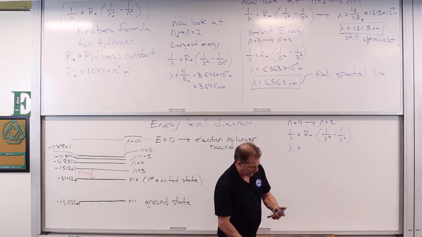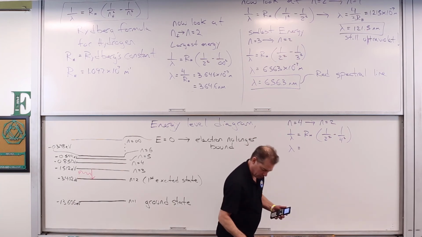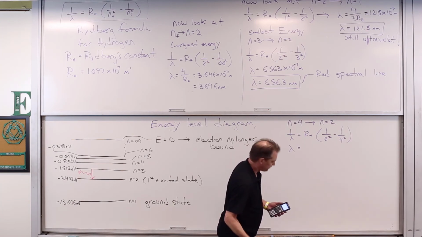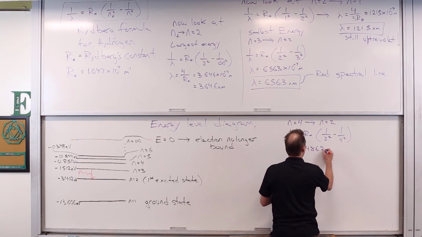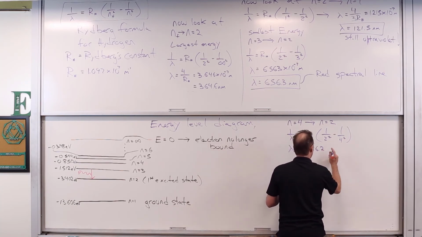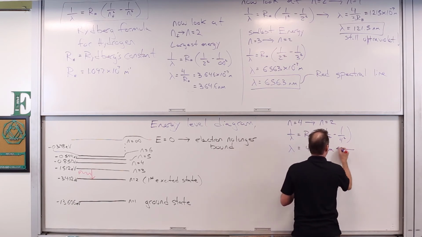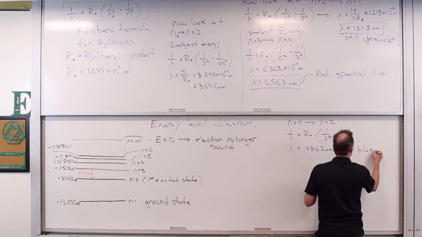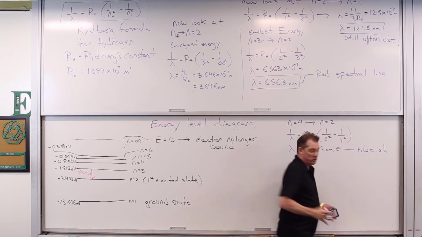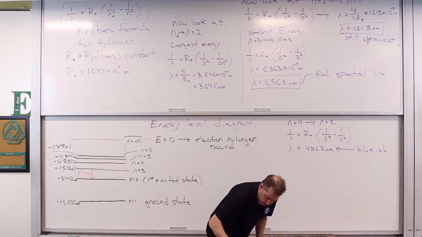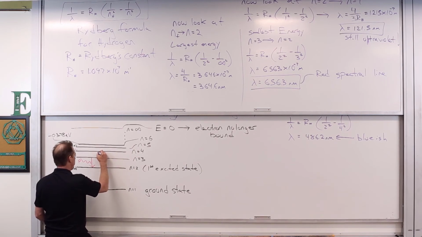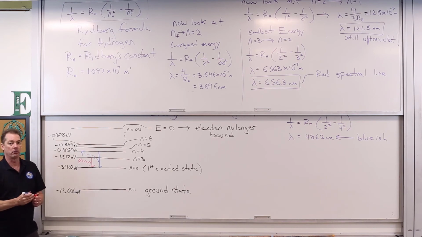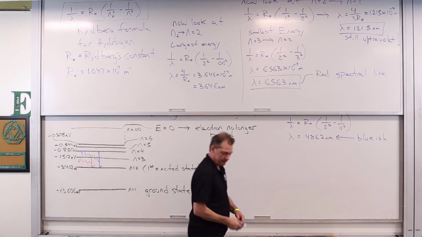It gives us 486.2, we'll say, nanometers. Which is bluish. So we know the transition from n equals 4 to n equals 2 gives us a blue photon, blue wavelength of light.